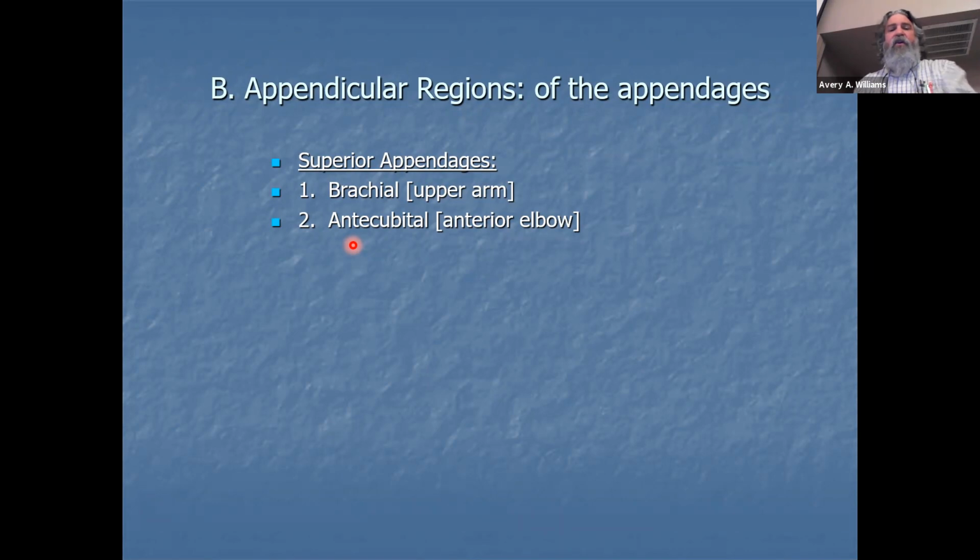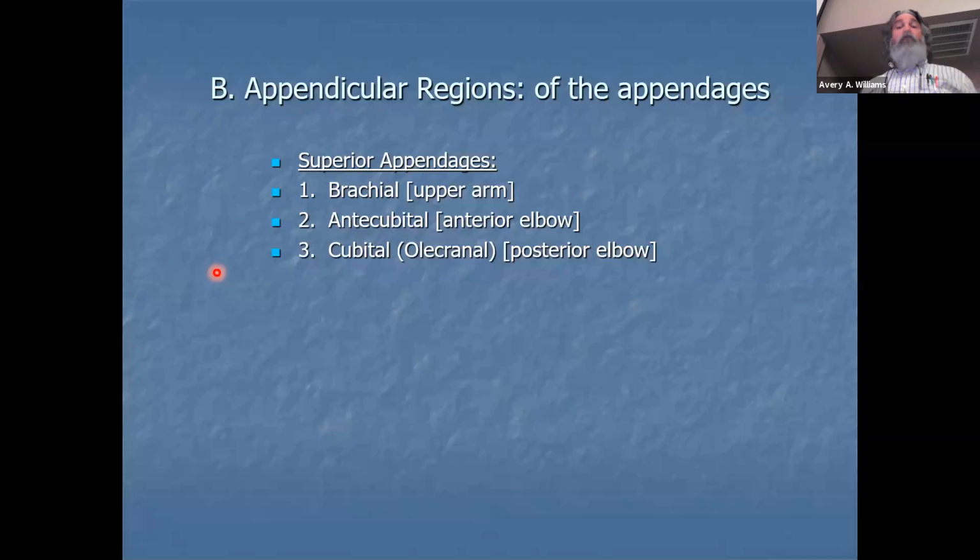You have antecubital vessels. If any of you are skilled in phlebotomy, that's the vein you usually look for, the antecubital vein, to do venipuncture. Anyway, the anterior elbow, you bend your elbow. Of course, antecubital is before the elbow or anterior elbow. So just cubital by itself would be your elbow, your posterior elbow.